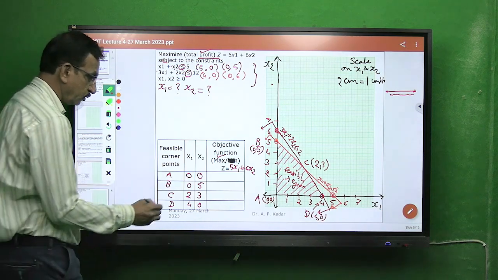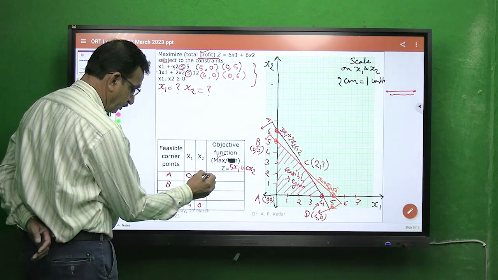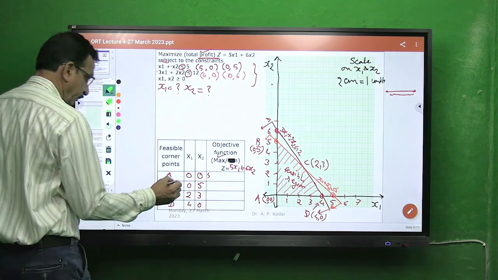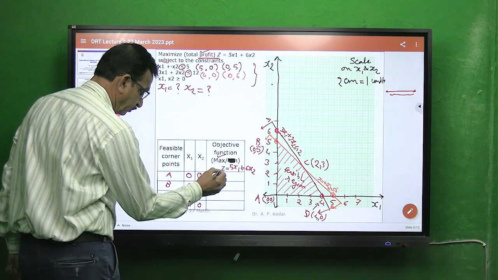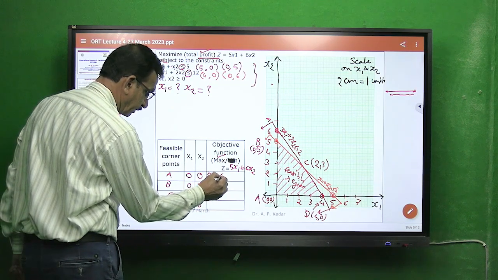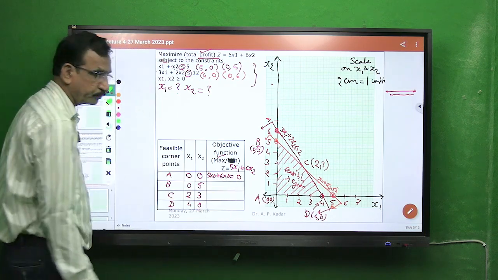Simply what you have to do? You have to multiply. x1 value is 0, so 5 into 0 plus 6 into 0 is 0.